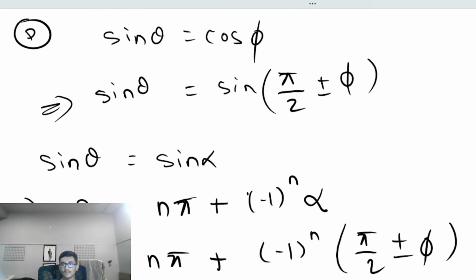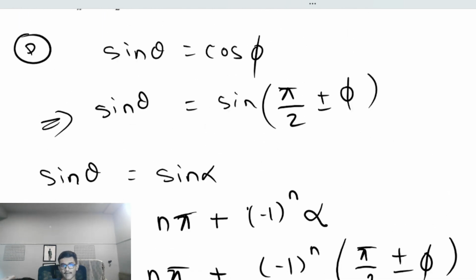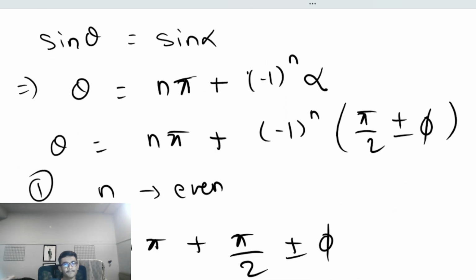Now there are two cases. First case is n is even. So if n is even, theta will be n pi plus minus 1 to the power a number which is even, so it will be plus 1. So plus pi by 2 plus or minus phi, and I'll get theta. This will become minus plus when it goes to that side, but plus or minus plus, it is the same thing.